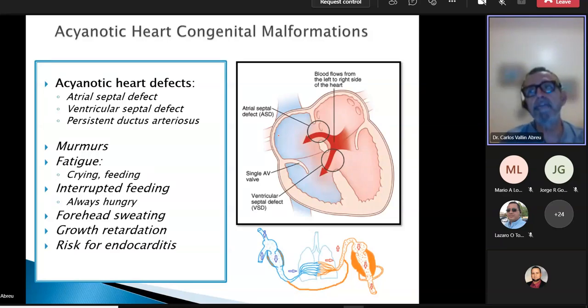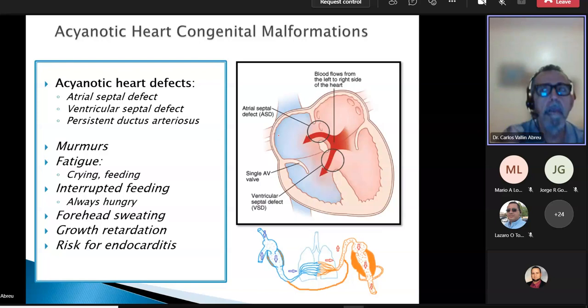The nurse is going to suspect that because it's seeing a baby that is having problems to feed. The heart failure, the problems of the function of the heart manifest more evidently when a person is doing exercise, is doing an effort, because precisely when you make an effort, you require more oxygen and blood, so the heart needs to work more.